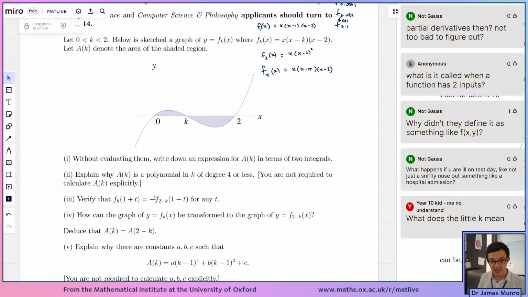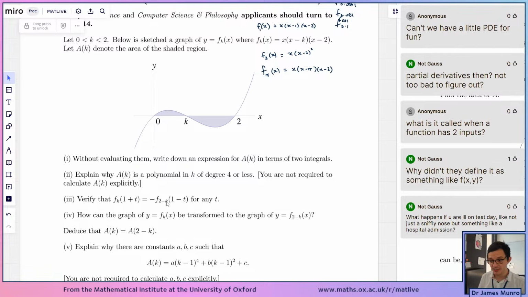And then to understand f subscript 2 minus k, brackets 1 minus t, I'll follow the rule again. The thing inside the brackets, represented up here by x, wherever I see an x on the right hand side, I'll write out 1 minus t. And wherever I see a k in this expression up here, that's the thing in the subscript. So I'll write down, in this case it's 2 minus k.